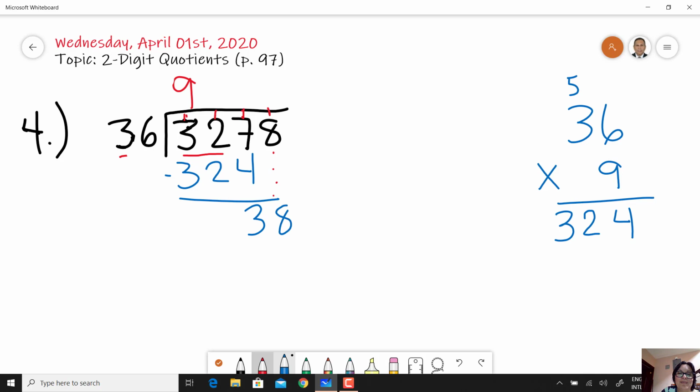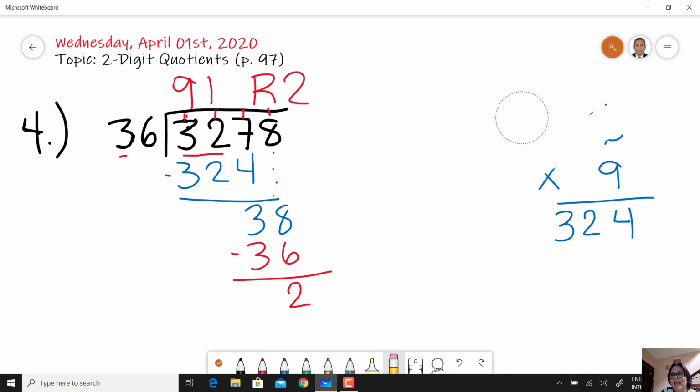Easy, right? Number 1, because 1 times 36 is going to be 36. So now we subtract 8 minus 6, 2, and 3 minus 3, 0. So we have remainder 2. Answer 91, remainder 2.